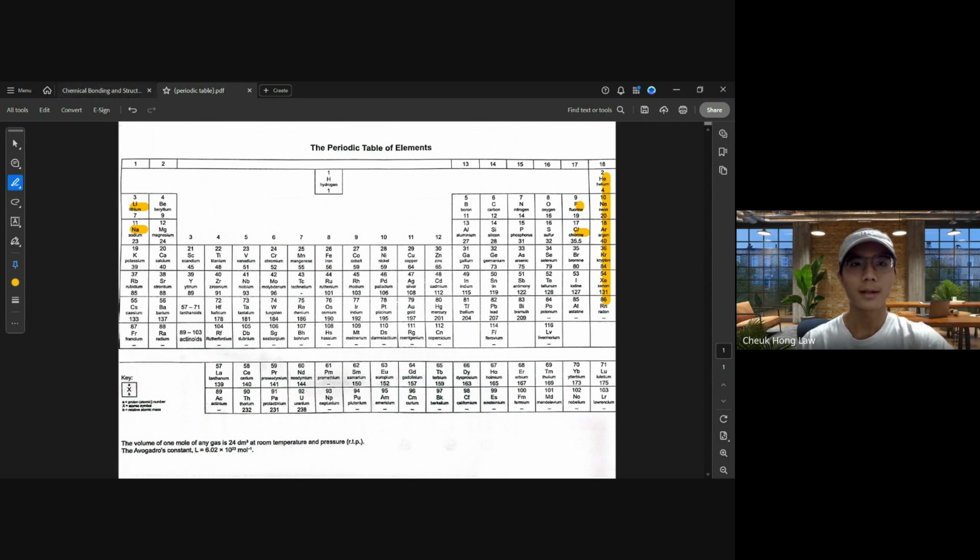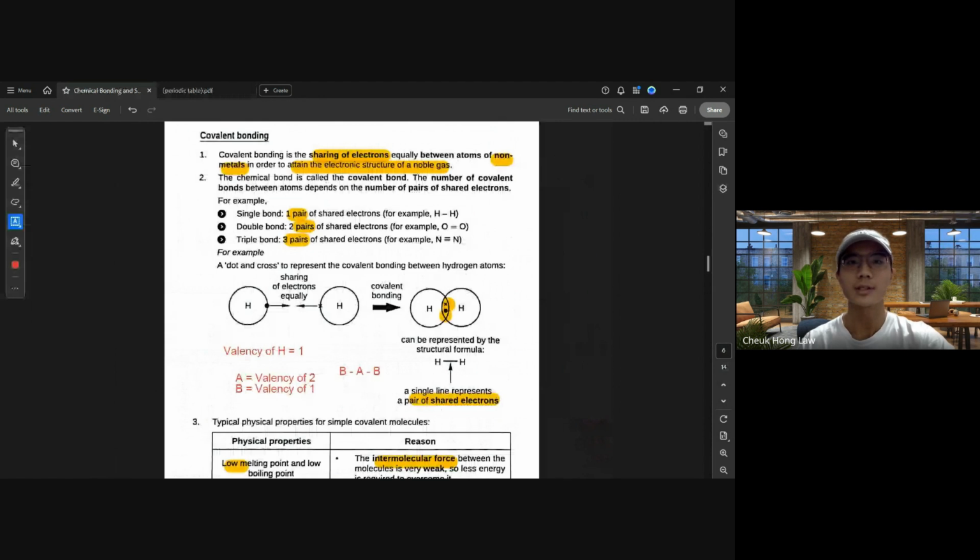But there is no gaining or losing of electrons in covalent bonding. Covalent bonding is a sharing of electrons. So when you share electrons between the atoms, no ions will be formed. So there is no possible way to dissociate to form free moving ions.